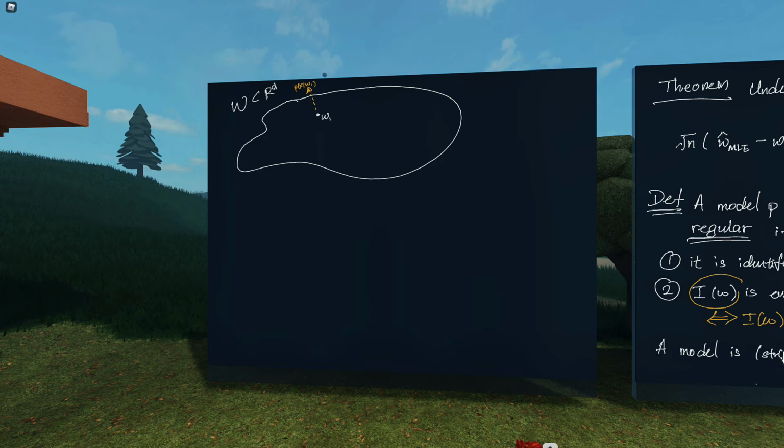The realizability assumption just says that there is a parameter called W0 somewhere whose model that it represents is equal to the true distribution.